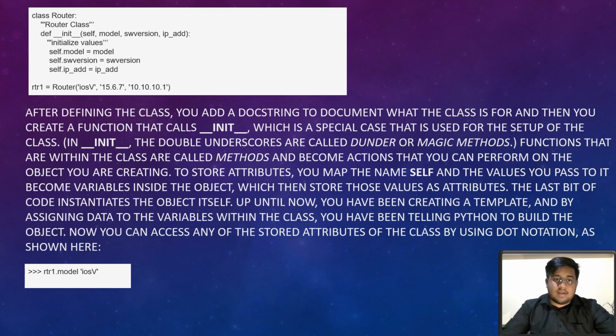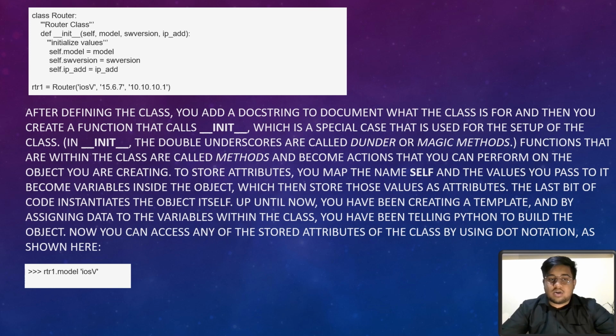Functions that are within the class are called methods and become actions that you can perform on the object you are creating. To store attributes, you map the name self and the values you pass to it, which become variables inside the object, which then store those values as attributes.